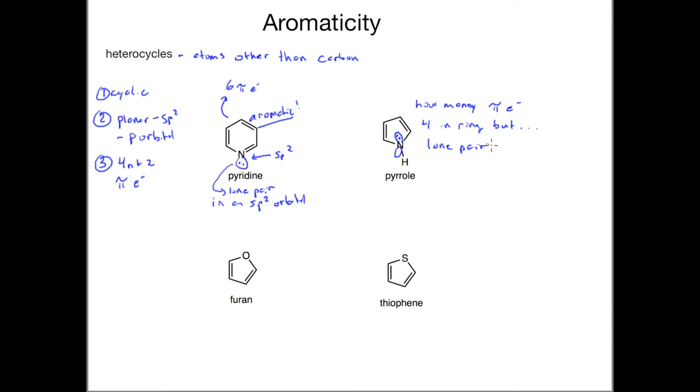So this nitrogen, in a sense, rehybridizes itself into an sp2 atom, and therefore these lone pairs are in a p orbital. These lone pairs now, since they're in the p orbital, contribute to the overall stability or aromaticity of the system.